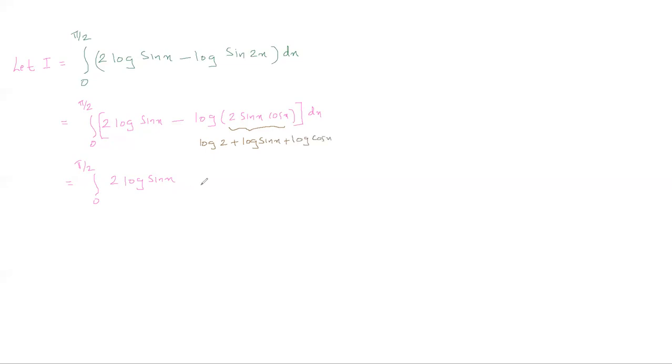We can write it like this. It is the logarithm of a product; it can be written as the logarithm of the sum. So the minus is outside. So when you open that, it is minus log 2 minus log sin x minus log cos x dx.